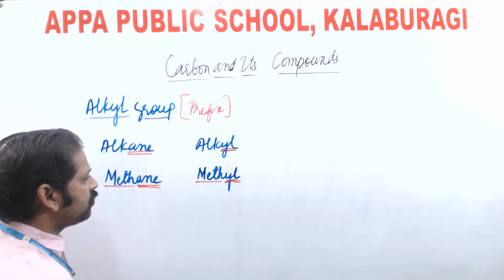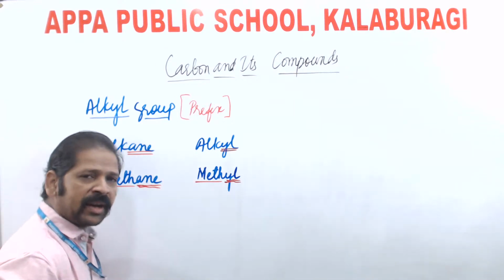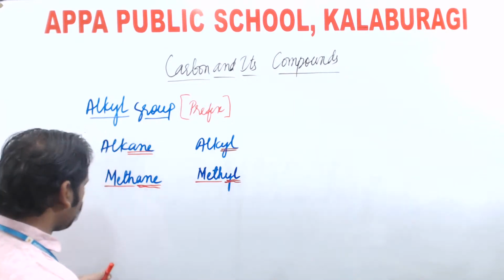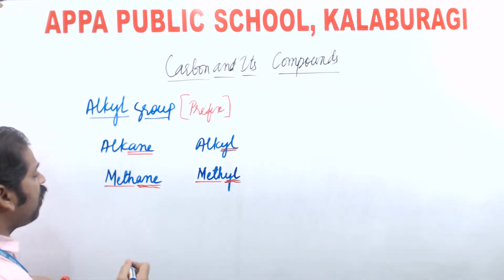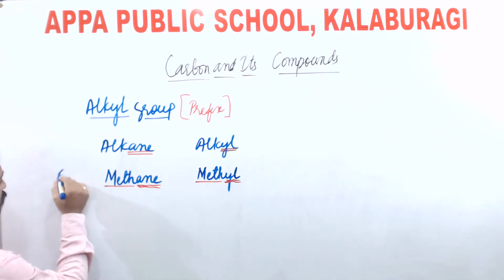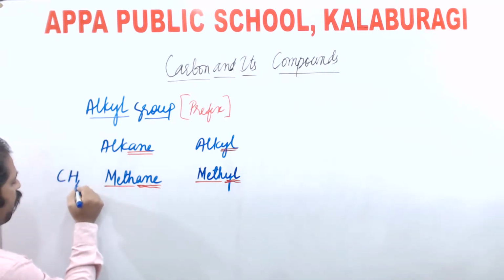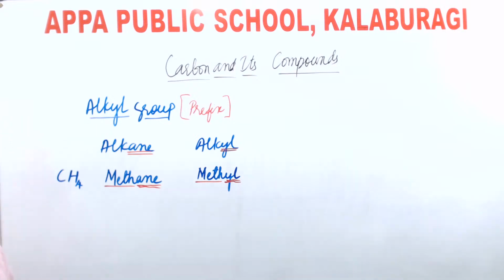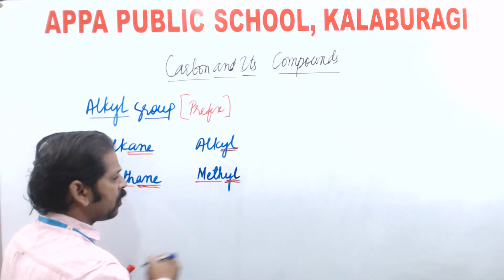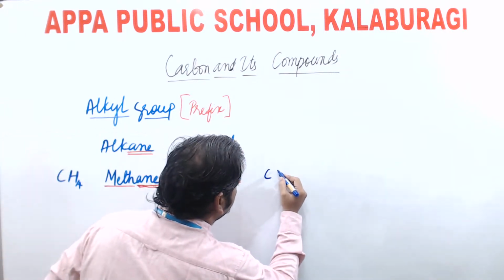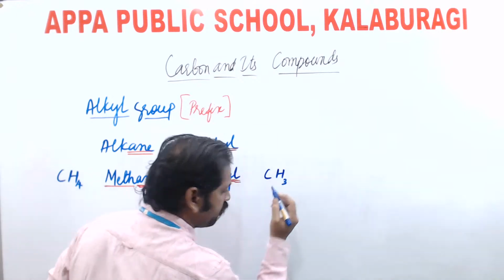This is a change. And what change in the chemical formula? The formula of alkane methane is CH4, and for methyl, the formula is CH3.